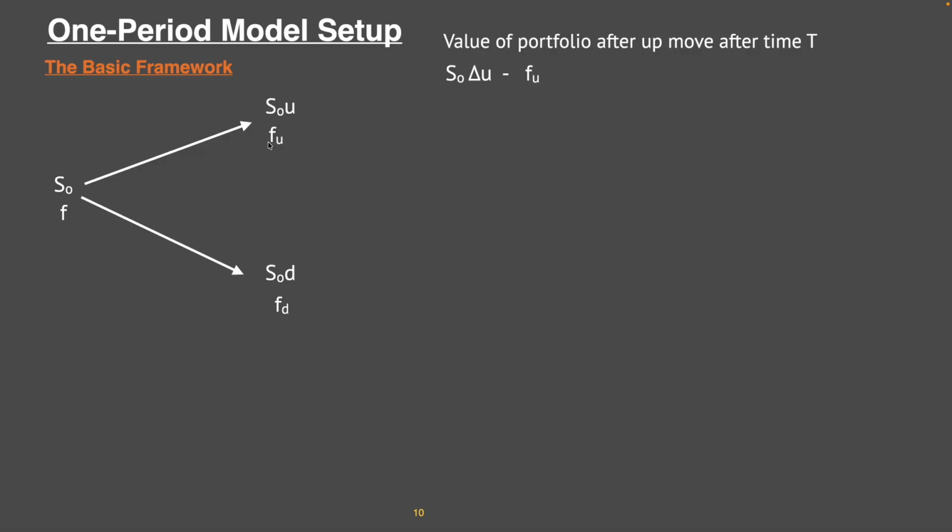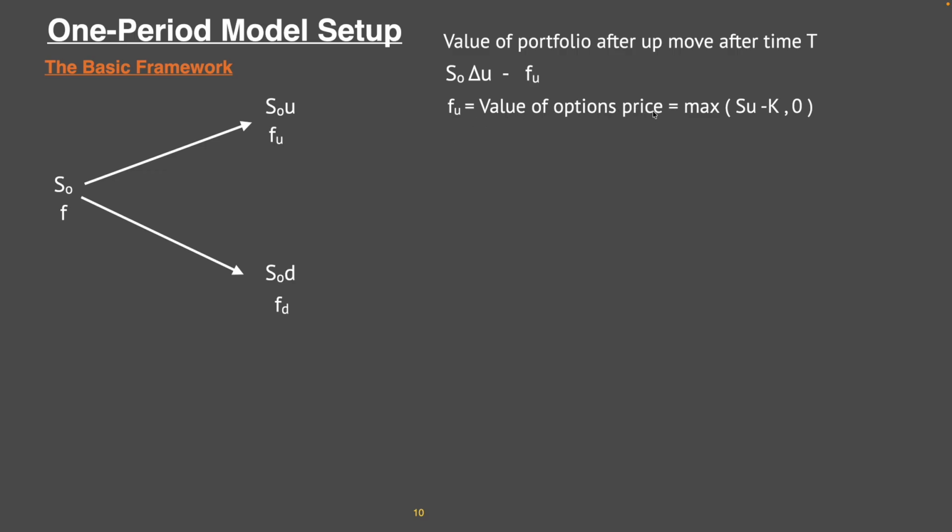Now we have to reduce FU from this underlying value, because we are short on the option. Whenever the price moves up, if we are short on the option, we will lose money. That is why we are reducing FU from this value. So what is FU?